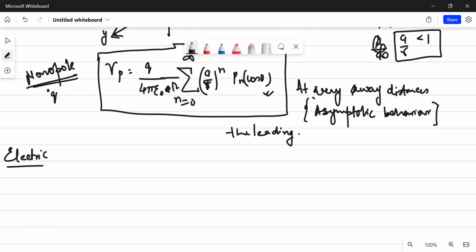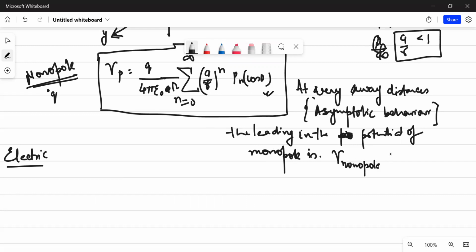Okay, so the leading term in the potential of monopole is what? कुछ सोच के जवाब दो। यहाँ देखो, यहाँ पे first term लोगे तो zero, a by r की power zero, और इसके बाद एक और term आएगा a upon r की power one, and then P1 cos theta. But you know as r tends to infinity, जो leading term है, मतलब जो first term है, that will only survive. So I will write for monopole the potential, the leading term is 1 over r, so I'll write directly proportional to 1 over r. Is that clear or not clear?